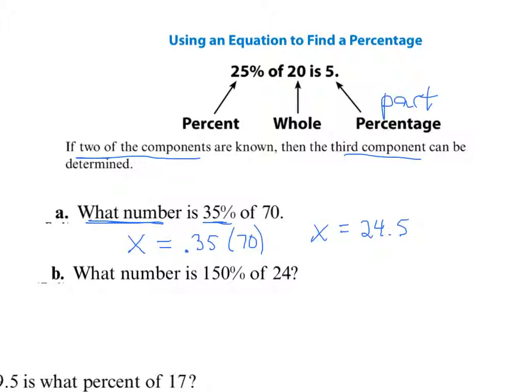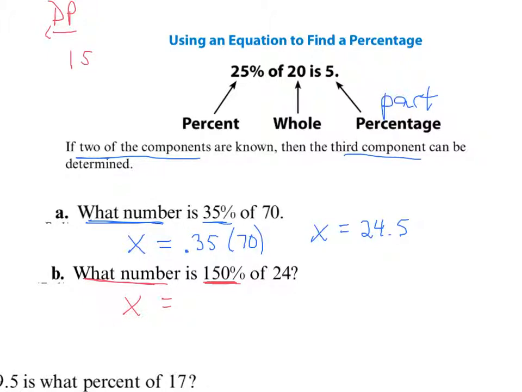All right, let's do another one, just to be sure we know how to do it. What number is, so that's your x, is equal to 150% of 24. Now remember when you write percent to decimals, you're going to go 2 places to the left and move the decimal.